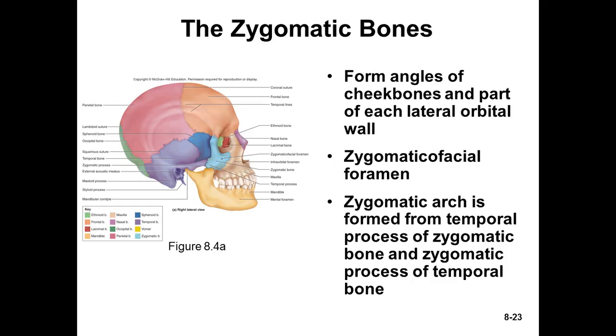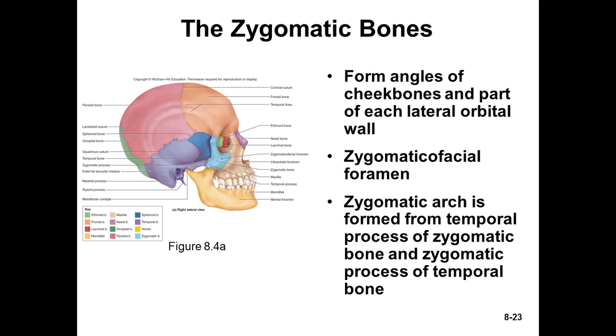So there's a zygomatic arch here as well. The zygomatic arch is formed from the temporal process of the zygomatic bone and the zygomatic process of your temporal bone.